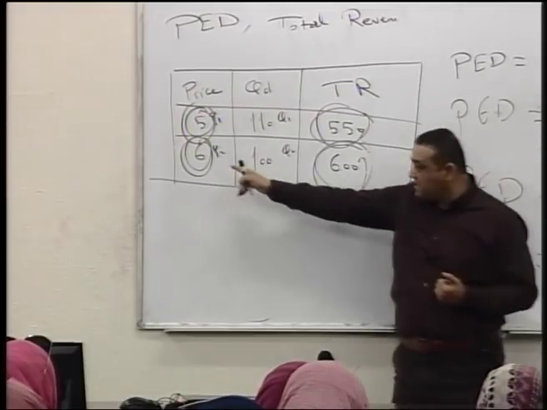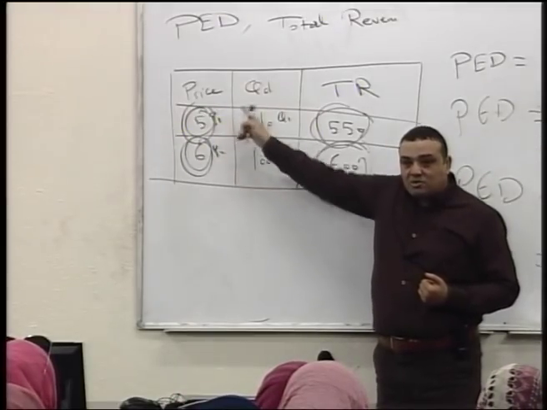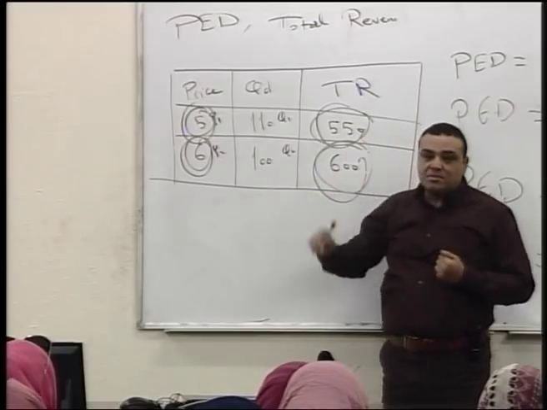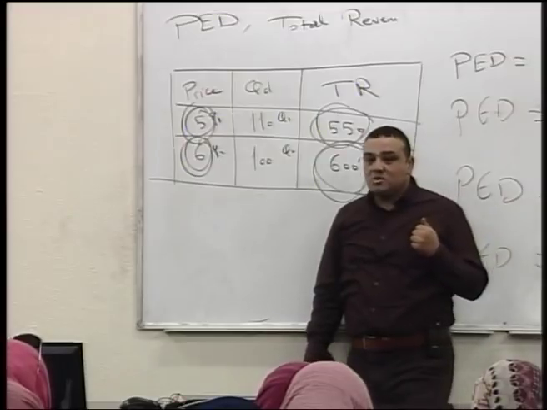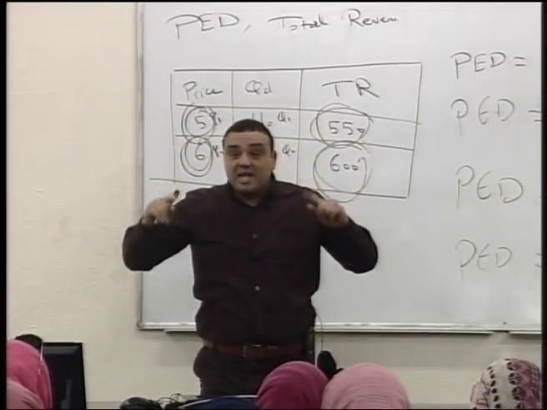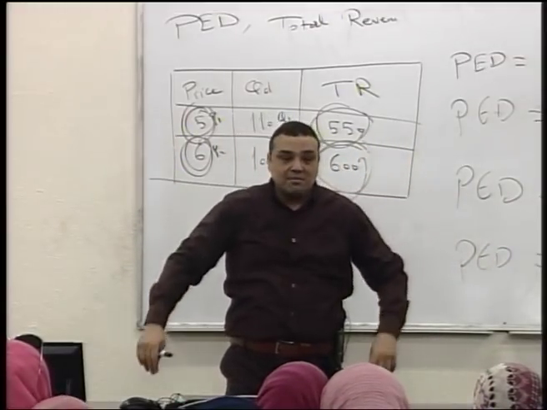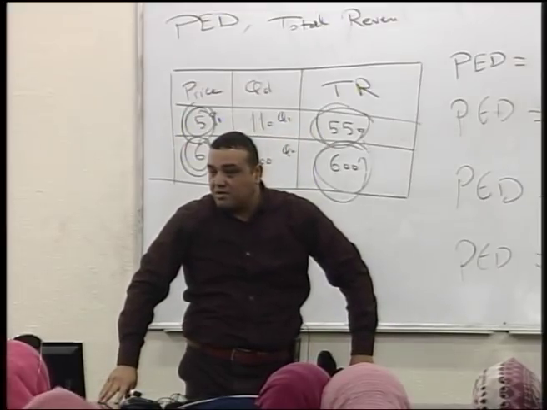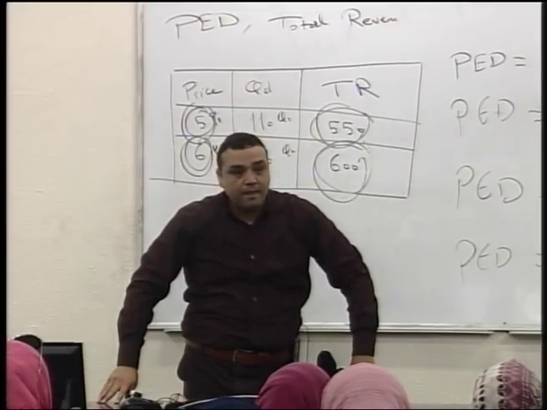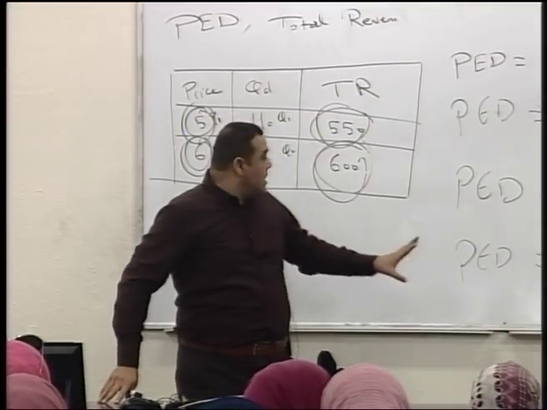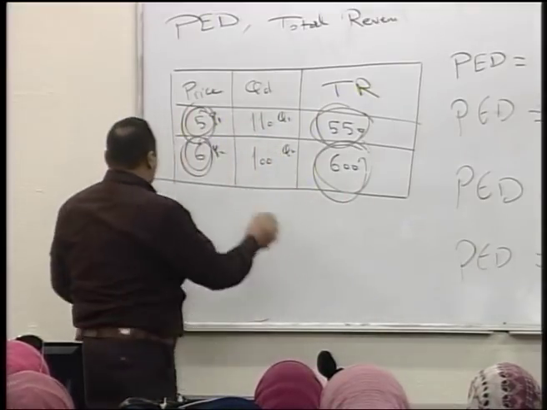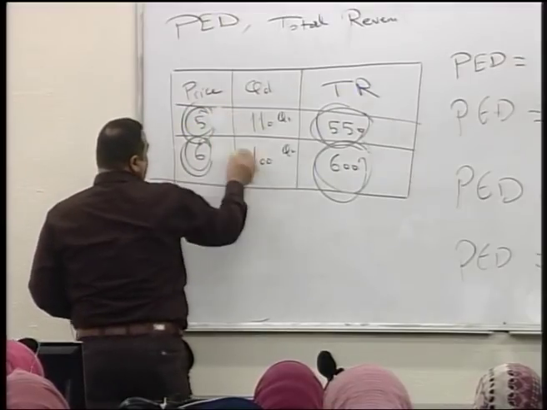If he was selling at 6 and dropped to 5, how much was the total revenue? It was 600 and became 550. Right? So my advice to him is to increase the price to increase the total revenue. Right? Okay, who doesn't understand? Well, let us have another example.